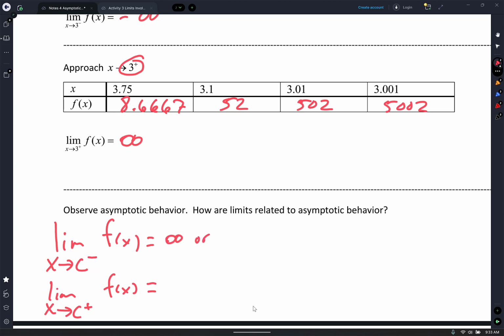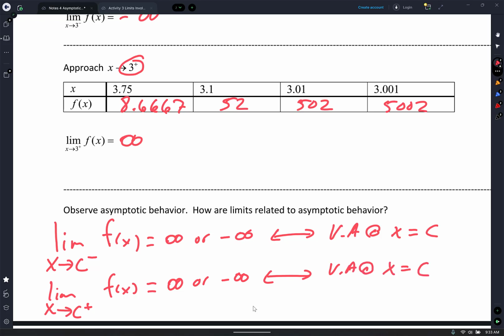Positive infinity or negative infinity, that means you have a vertical asymptote at x equals c. Same thing with this one, positive infinity or negative infinity, a vertical asymptote at x equals c.